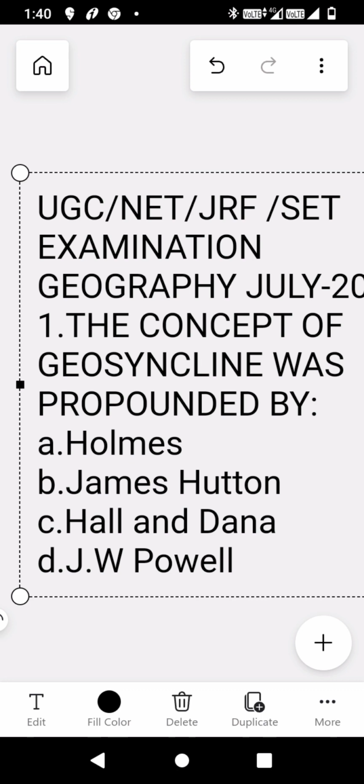Hall and Dana. The theory of geosyncline is a very old concept to explain the origin of mountains, or orogeny. It was developed in the late 19th or early 20th century, before the plate tectonic theory.